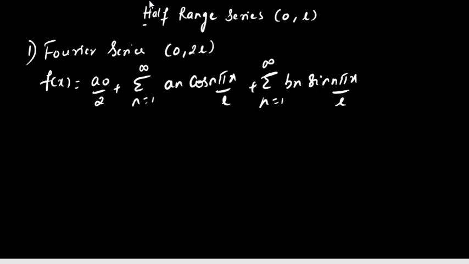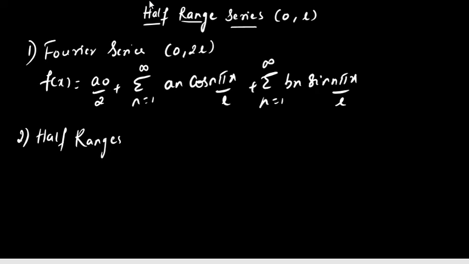But the topic which we have chosen today is half range series, where your series either will be a cosine function or the series will be a sine function. That is half range.